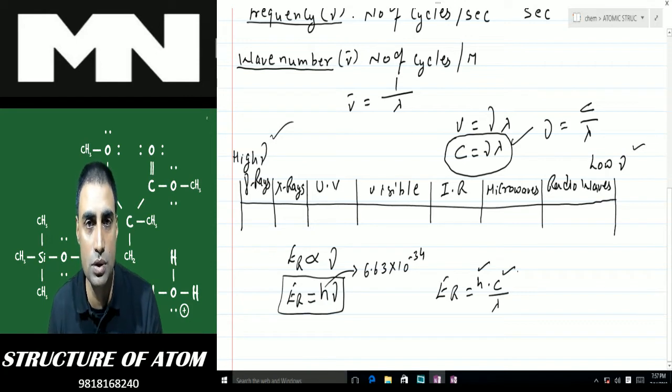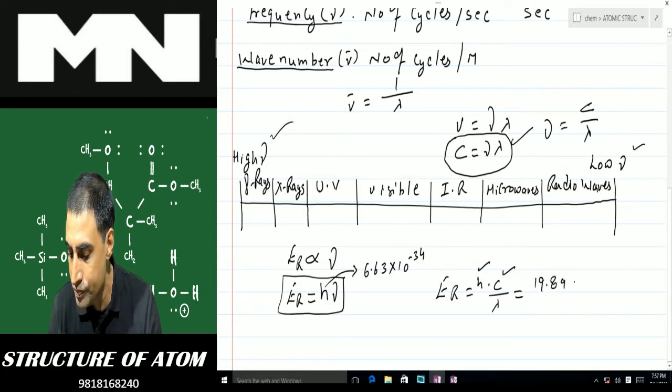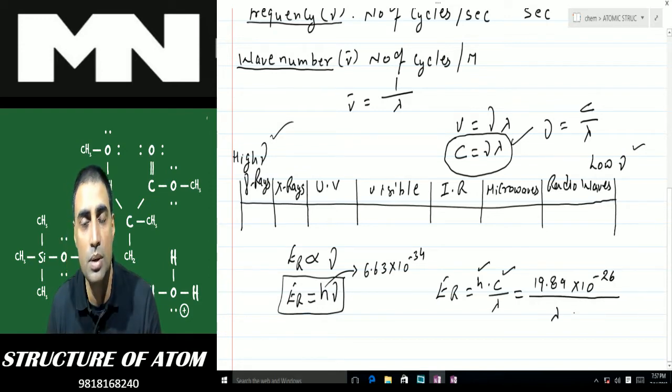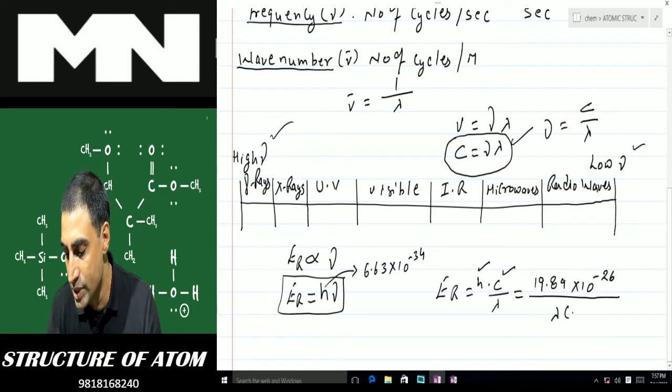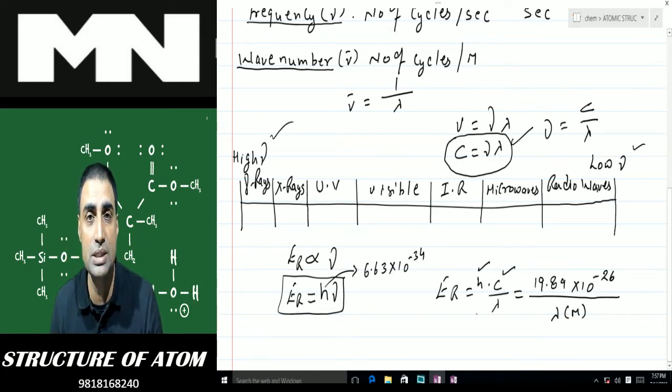Since their values are constant, their product is also constant, and every time it will come out to be 19.89 into 10 to the power minus 26 by lambda. Mind one thing, that lambda here has to be in meters, because the velocity of light which we have used is 3 into 10 to the power 8 meters per second.